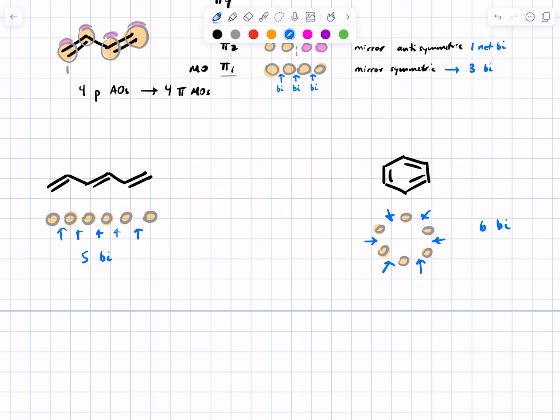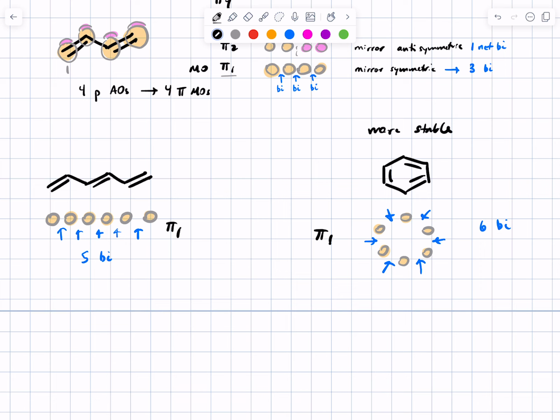Benzene is less reactive than 1,3,5-hexatriene, more stable because it has more bonding interactions. That means that lowest energy, this is the pi1 orbital for benzene, is lower in energy than the pi1 orbital for 1,3,5-hexatriene. Okay? So that's one reason.